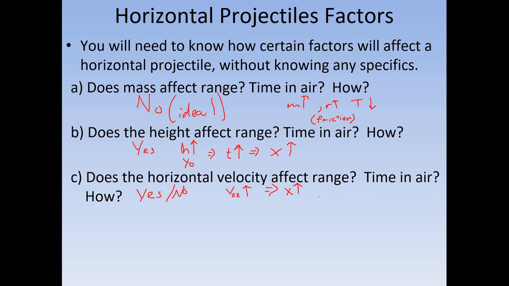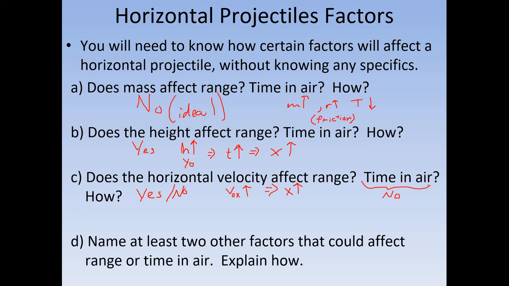So it ends up traveling a lot further if that initial velocity in the horizontal direction is higher. But as I mentioned before, that does not affect time in the air. So my answer to the time in the air is no. Horizontal information really only affects horizontal information. Time isn't really affected by the horizontal.